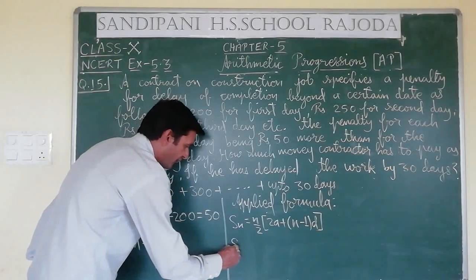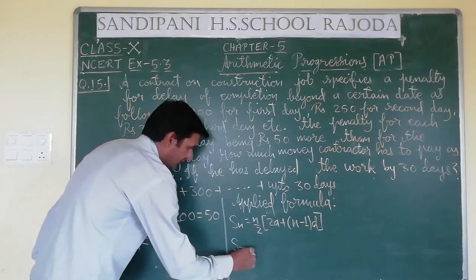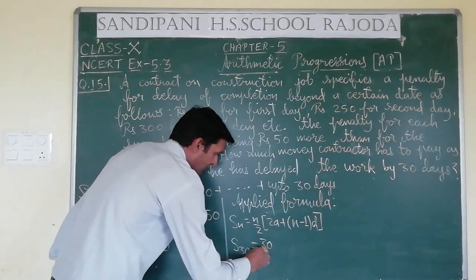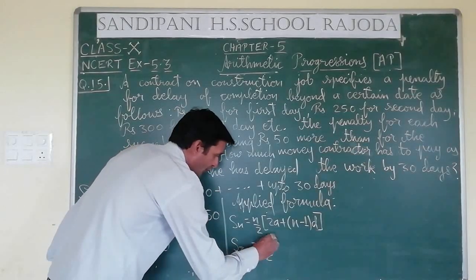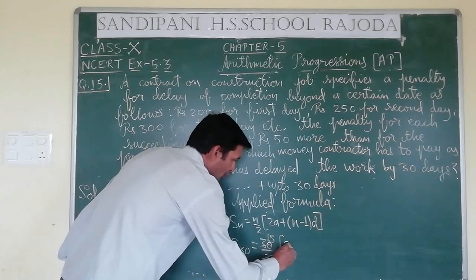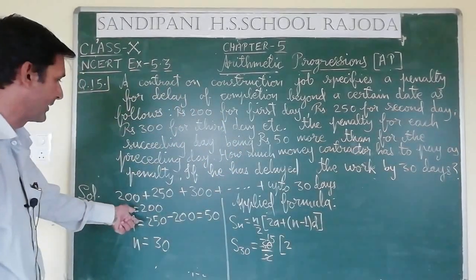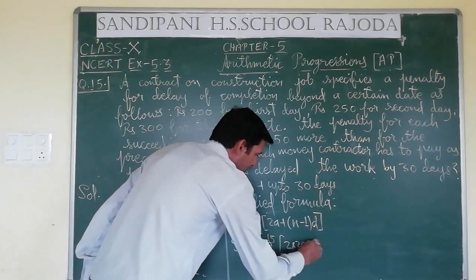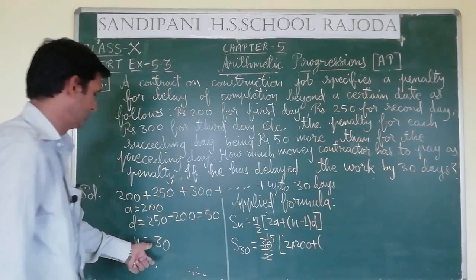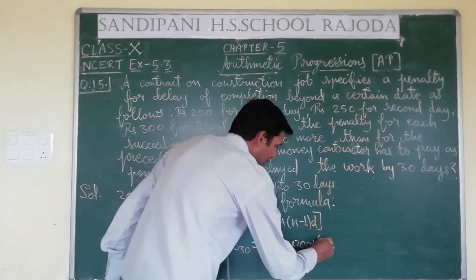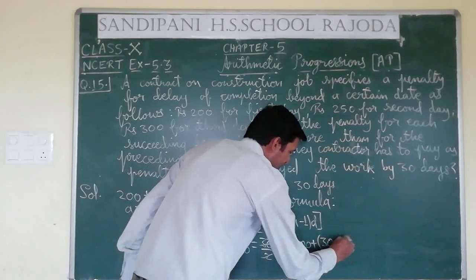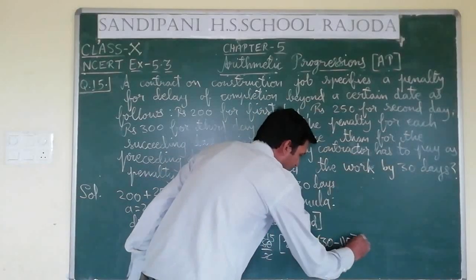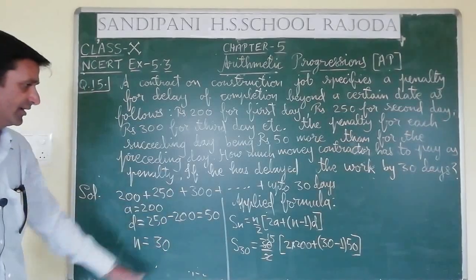So sum of 30 terms is equal to 30 by 2, that is equal to 2 1 are 2 and 2 5 are 10, and in bracket 2 and then into a means 2 into 200 plus n minus 1 means what? 30 minus 1, and common difference is 50 only, that we know. This common difference, it is 50.